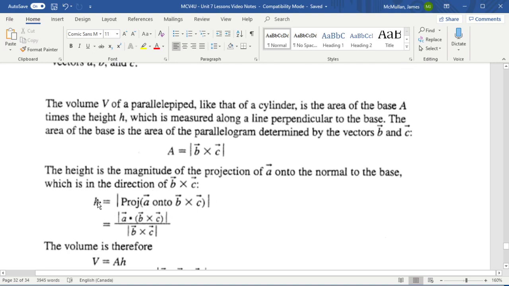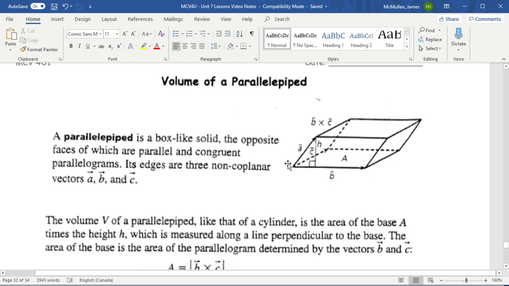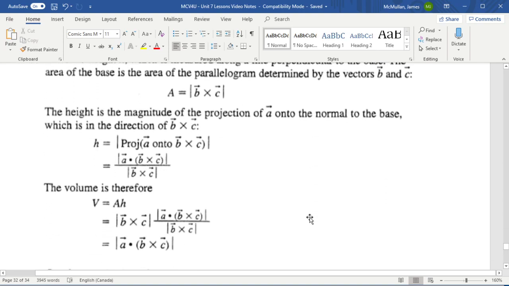But the height of your parallelepiped is you project A onto B cross C. And we know that the height of this parallelepiped would be coming straight up. And so would the cross product. The cross product of B and C would point straight upward. If we project A onto that normal, it tells us the height of the box, and then you just multiply the base times the height.